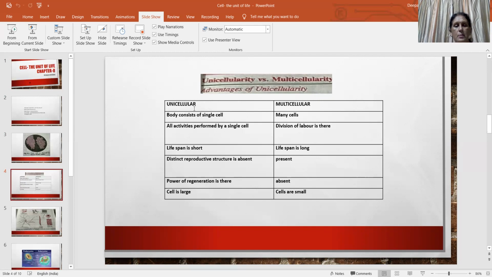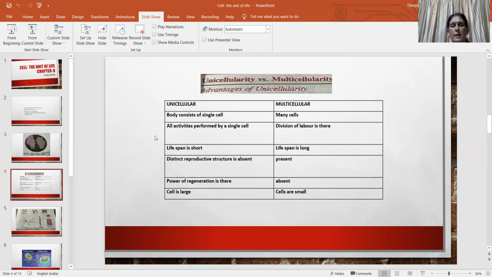In a unicellular organism, the body contains a single cell, while in a multicellular organism, the body contains many cells. In a unicellular organism, the single cell performs all life activities, whether respiration, reproduction, growth, metabolism or other physiological functions.